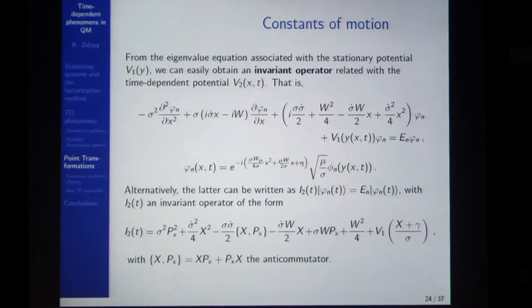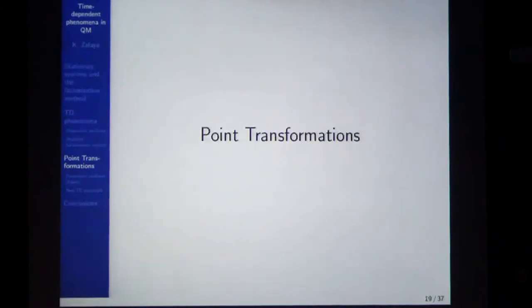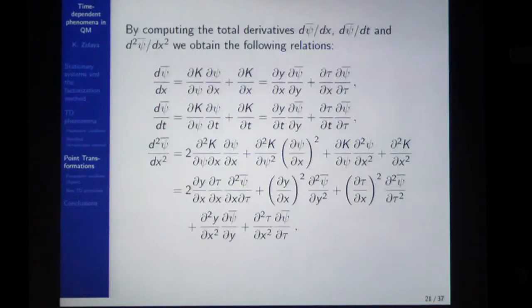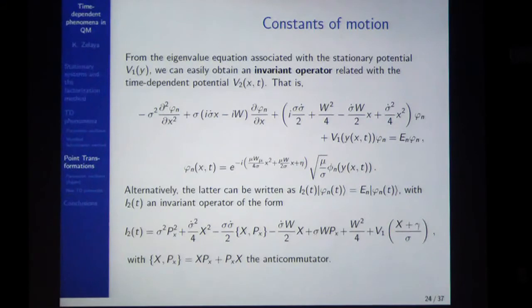So what about the constants of motion I talked about recently? If you remember, the point transformation was used to deform the complete Schrödinger equation, not the eigenvalue equation.